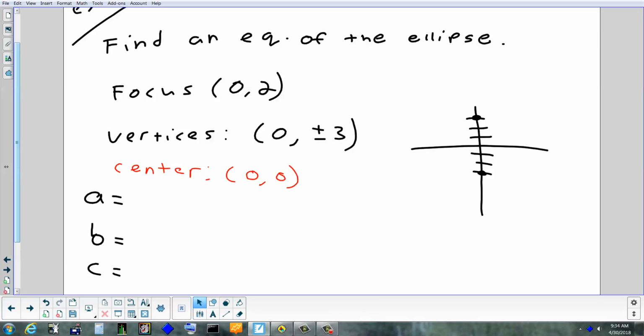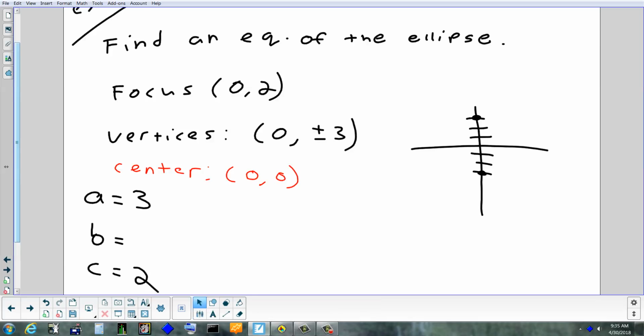What would a be, Gracie, in this case? Distance from center to vertex? 3? Yep, I agree with that. And Sam, how about c? 2. All right. And Sam, what's the equation for finding b?